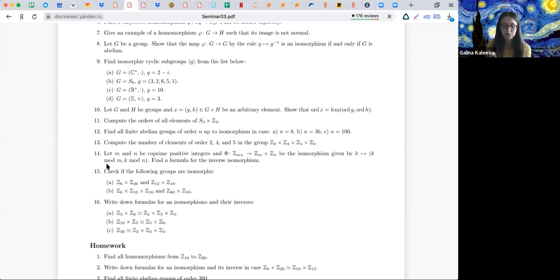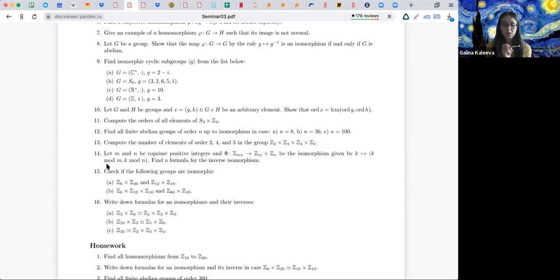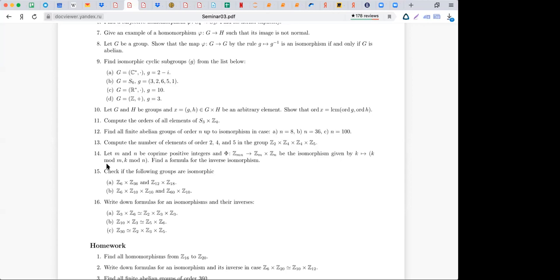And is it true that Z2 direct product Z9 is isomorphic to Z18? I don't know.